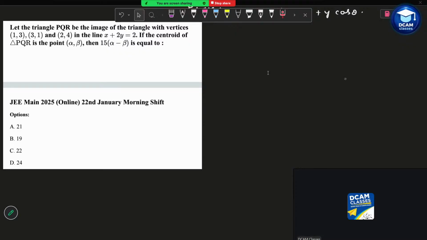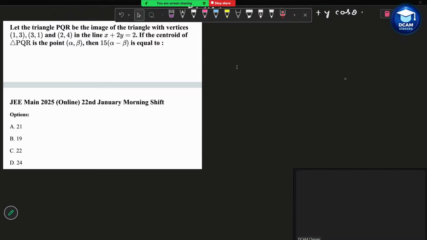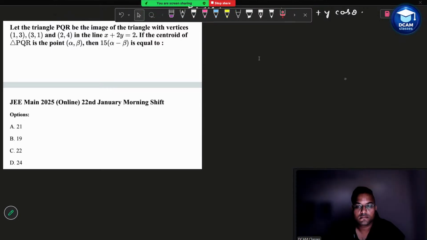Sir, I have a doubt. Ask me. Sir, I didn't get that part where they have said 2, 4 in the line x plus 2y equals 2. Sir, for which line is it the equation?